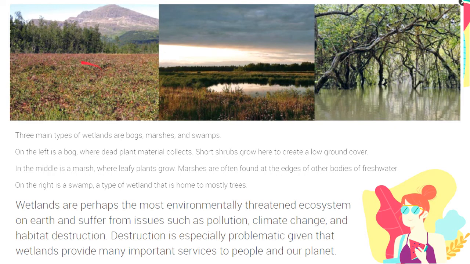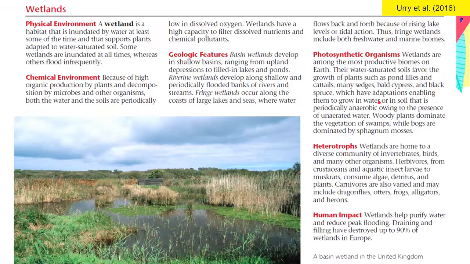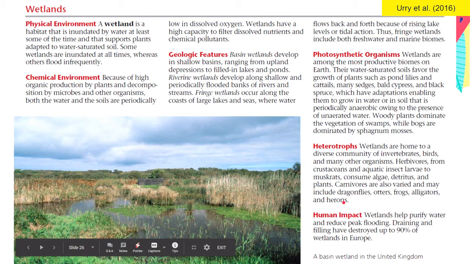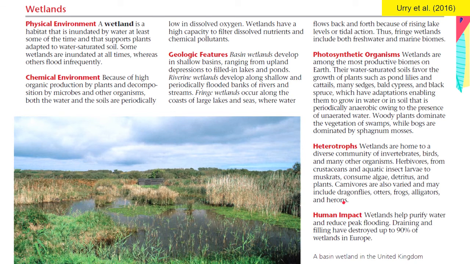So short grasses, plants, shrubs, and trees. In terms of organisms, invertebrates, birds, and other organisms, herbivores from crustaceans to insect larvae, carnivores could include dragonflies, frogs, and alligators, and herons. In terms of human impact, wetlands actually help us purify water and reduce flooding.